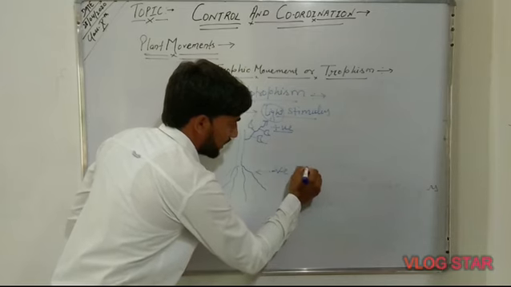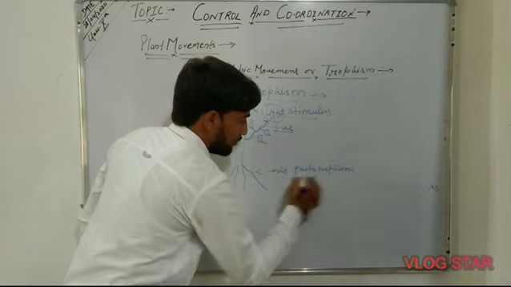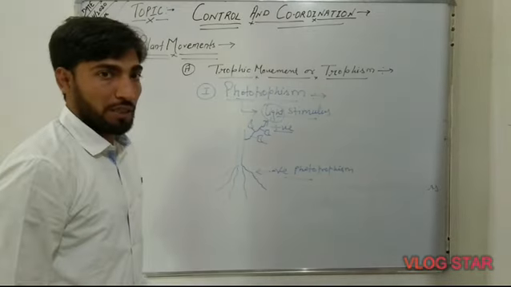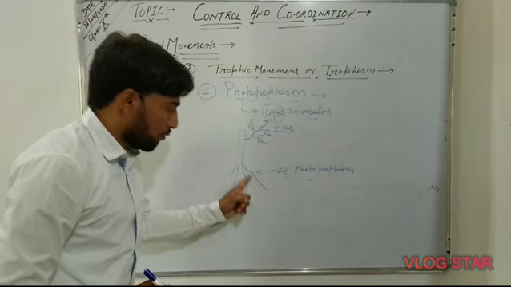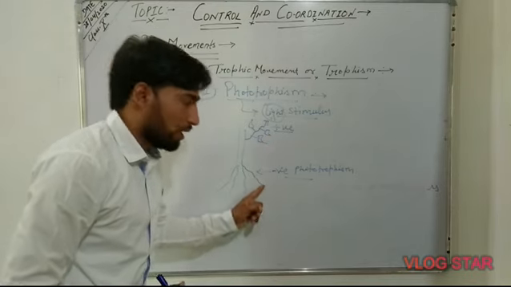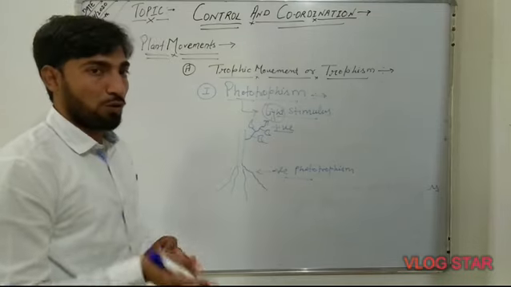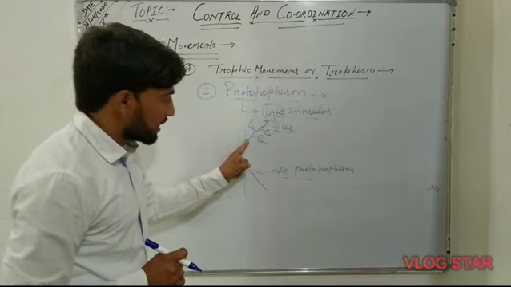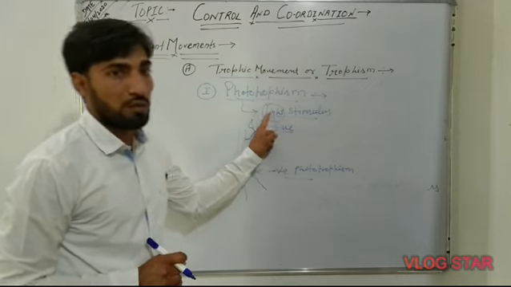So if a plant part moves away from sunlight, it is negative phototropism, and the example is the movement of roots towards soil. If a plant part moves towards sunlight, it is positive phototropism, for example the movement of the shoot towards light.